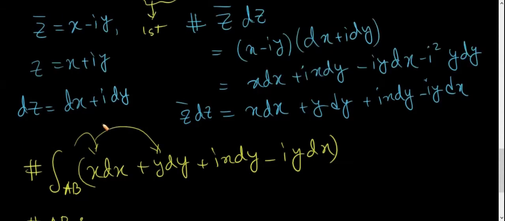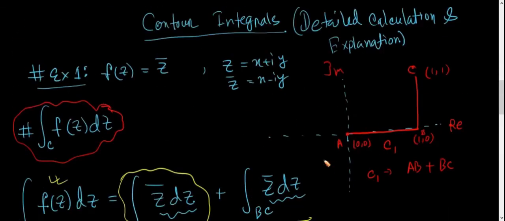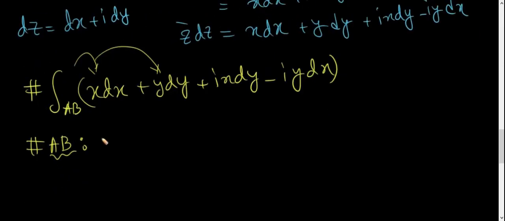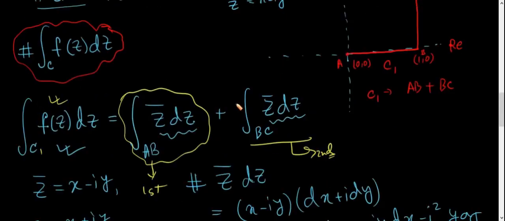So along AB you can note that your x is varying but your y is not varying, right? So y is a constant, and that constant is 0. Along AB y is 0, and that means dy is also 0, and your x is changing from 0 to 1, right?